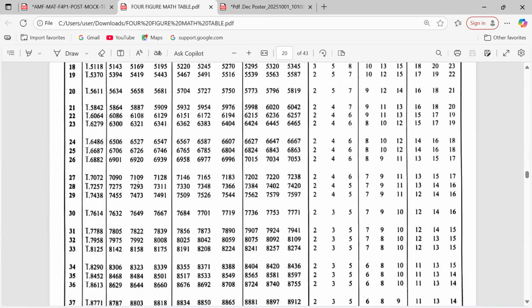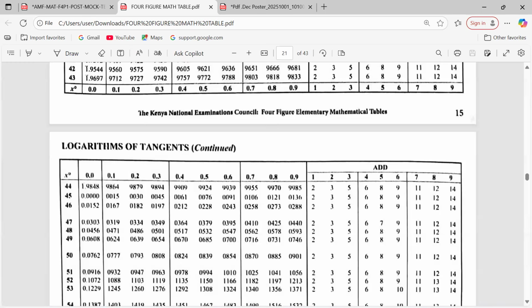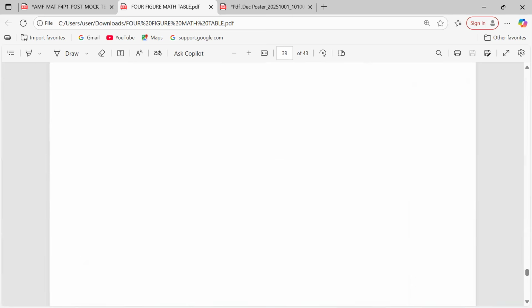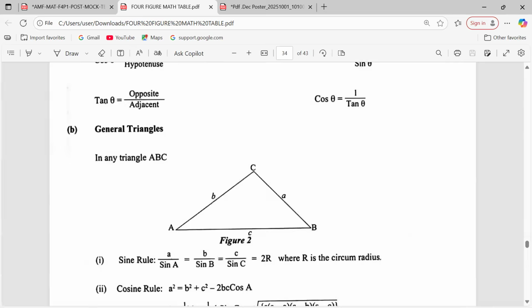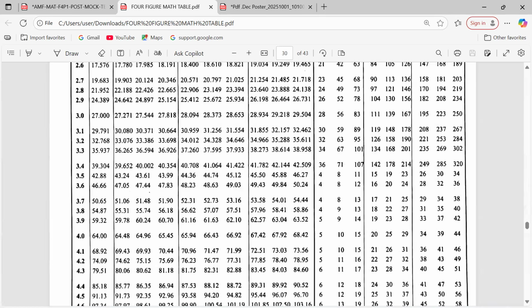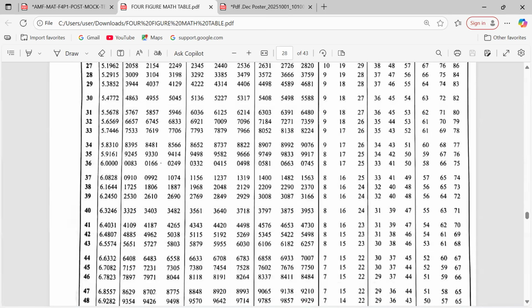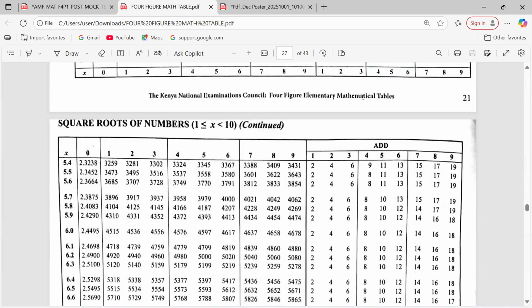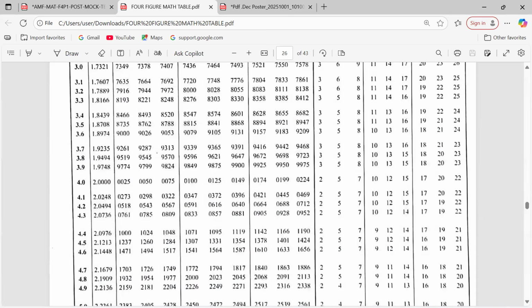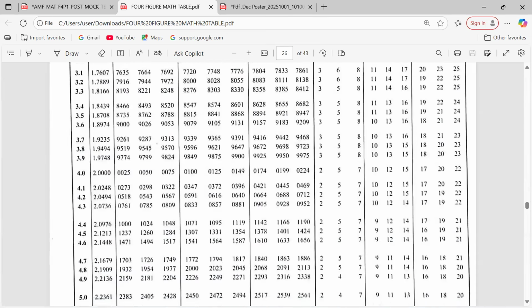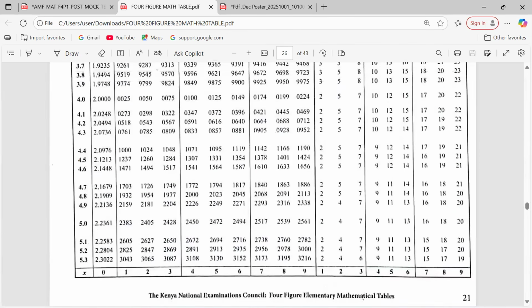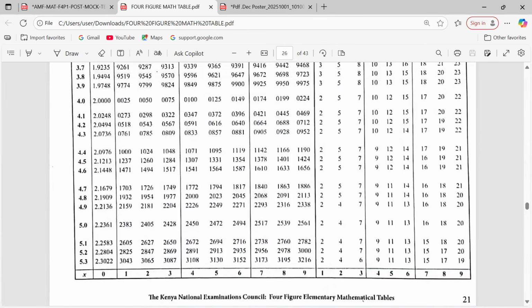4.268. So 4.2, we first establish the column. 4.2, we establish the row that we shall be using.